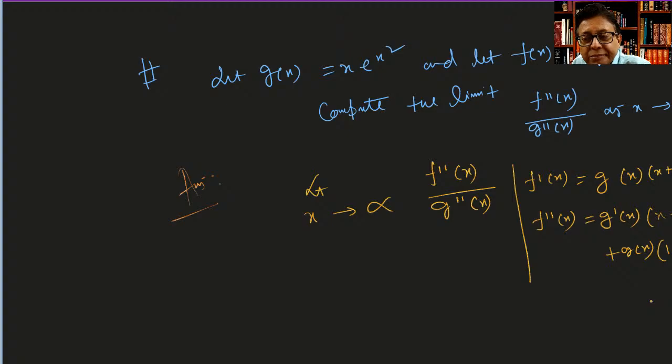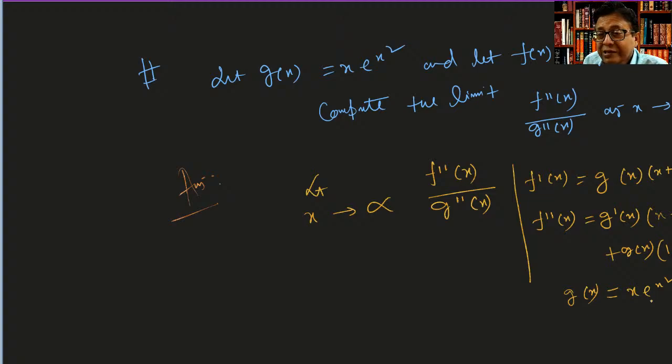Okay? g x is a given function over there. f double dash x is found, you go for g x. g x is what? x e to the power x square.